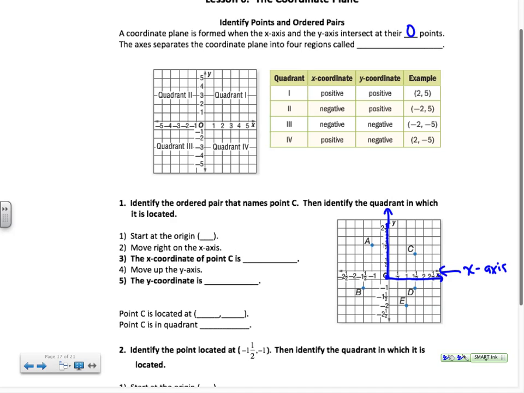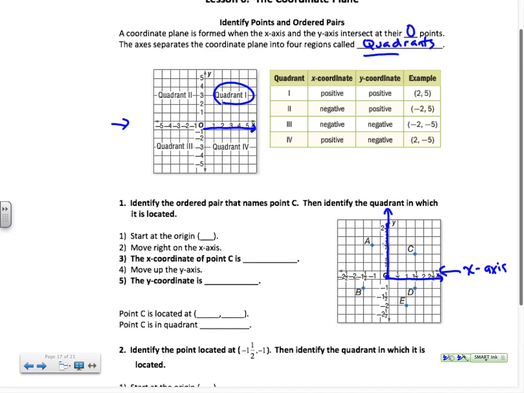The axes separate the coordinate plane into 4 regions called quadrants. Quad means 4. If we look at this graph here, we can see quadrant 1 is here. On the x coordinate, going that way, we have all our positive numbers.